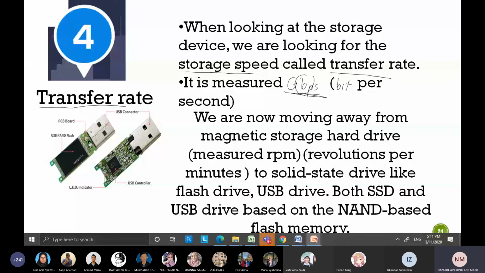A little bit about history. Before this, we used magnetic storage hard drives. Magnetic storage is still available, for your information. I have friends that work in a company where almost every week, at the end of the week, they transfer data from the server into magnetic tape. The data is in Singapore, the tape is in Singapore, so they transfer there as a backup.